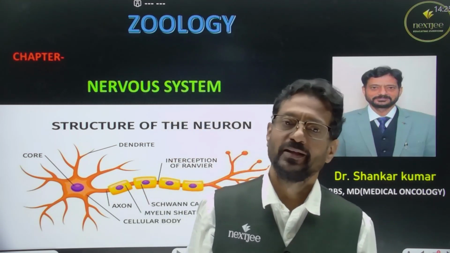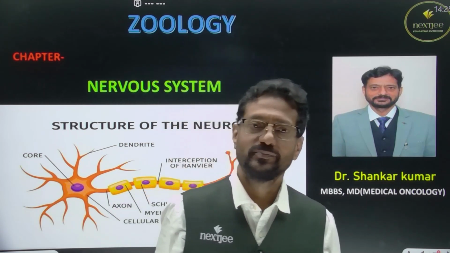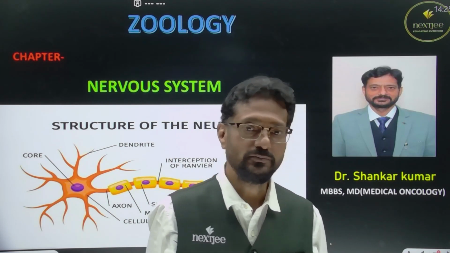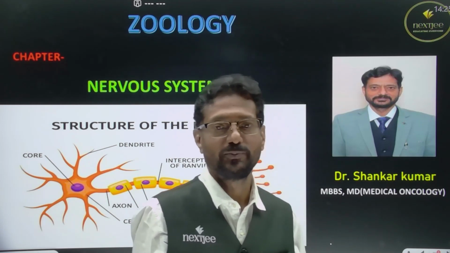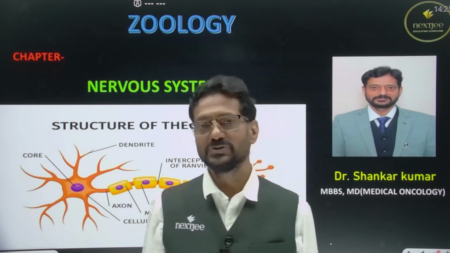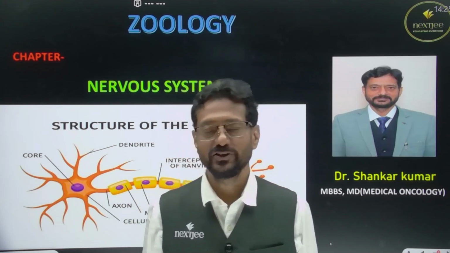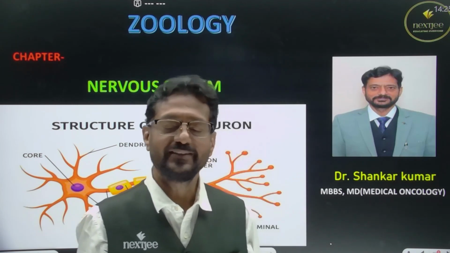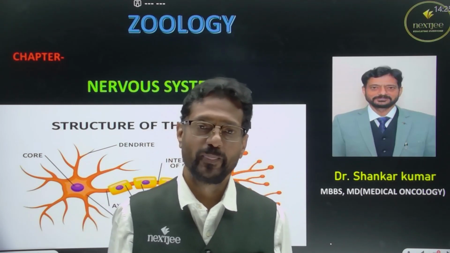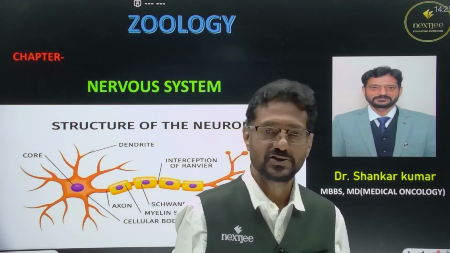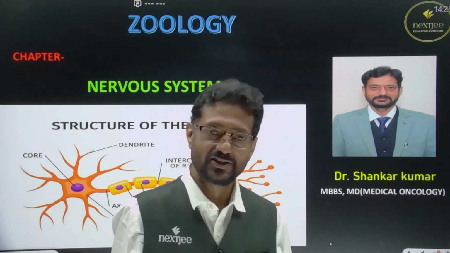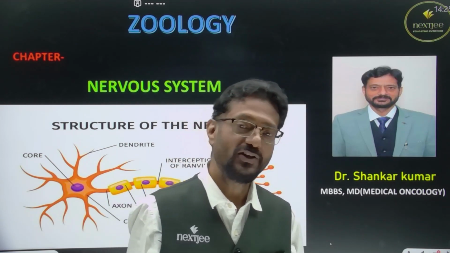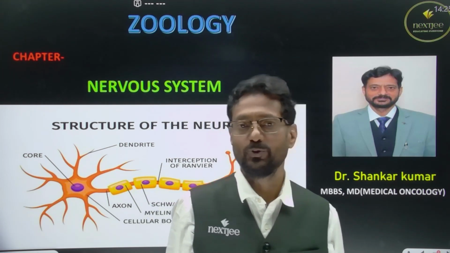Got the point? If an axon is present, the neuron may be unipolar, bipolar, or multipolar. But if a neuron has no axon and no dendron, that means a cell with no process, the smallest unit of the nervous system, and it is said to be an apolar neuron.